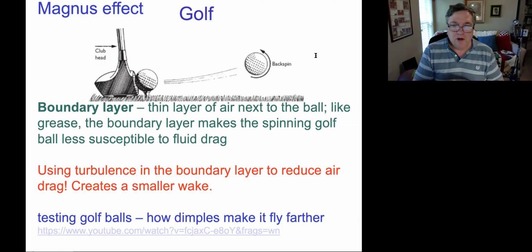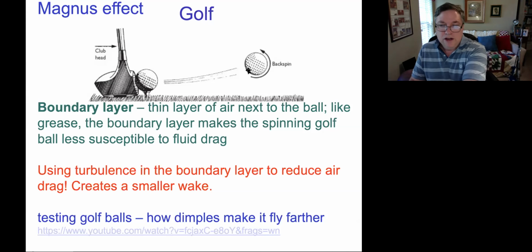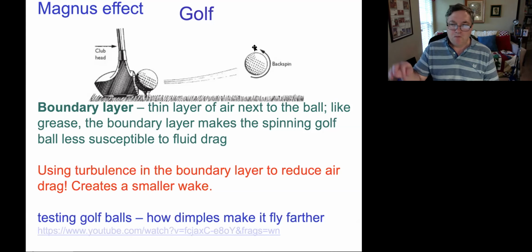The backspin in golf is really important, with that upward force that allows the golf ball to stay in the air and travel a lot farther than when there isn't a significant backspin on the ball. For example, a couple hundred years ago, when people were first starting to play golf, they noticed that if the ancient golf ball, which originally was smooth, got banged up a little bit, it went farther.